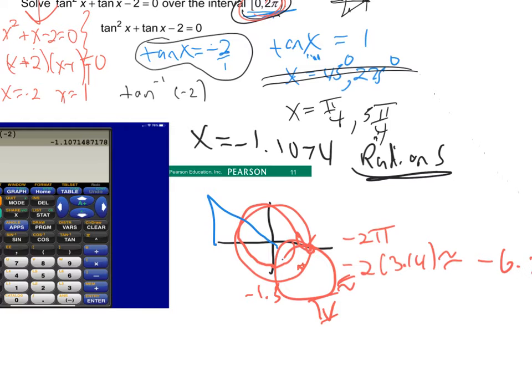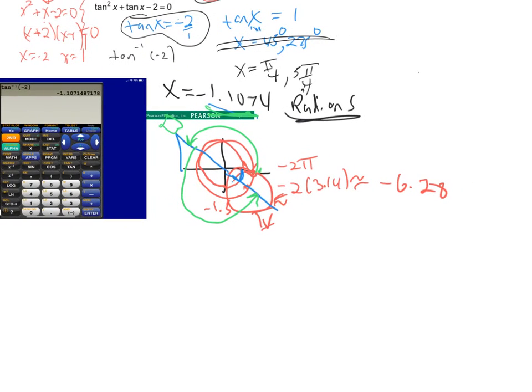So, yes, here's one of my answers as a negative 1.1074. But if I go the other way around the circle, and go this way instead, I got to find out what that answer is. And then realize if I keep on going in the positive direction, I have this answer again, but not the negative answer. Okay?